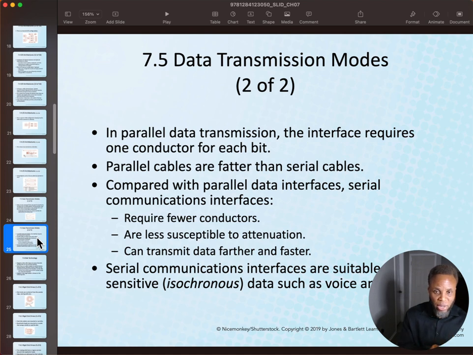We talked about programmed I/O, where you had dedicated registers mapped to I/O devices. We talked about interrupt I/O, where the CPU is interrupted and it goes and fetches the I/O data. We talked about memory mapped I/O, and we talked about DMA. Again, these are different ways that the CPU retrieves data from the I/O devices.